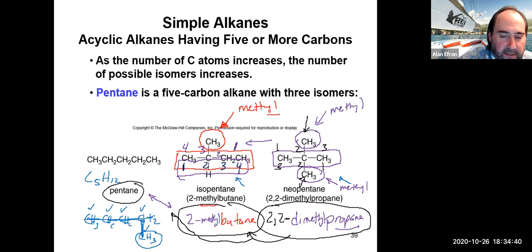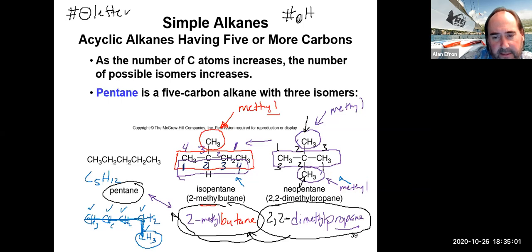A couple other things that you may notice here in this naming is we always use a dash between a number and a letter. And if you have 2 numbers like we do on that last one, there's a comma between 2 numbers. As I kind of erased it badly there, let's try and do that a little better.